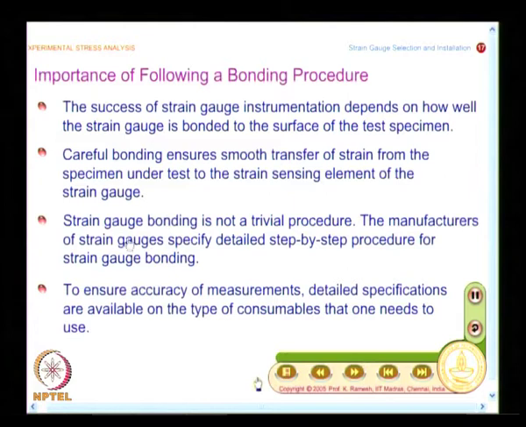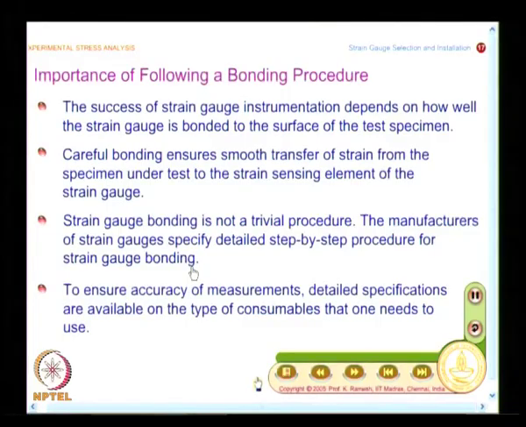And do not think that strain gauge bonding is a trivial procedure. If you look at the manufacturers of strain gauges, they specify a detailed step by step procedure for strain gauge bonding. And what is the focus? You would like to maintain a certain level of confidence in the measurement of strain gauges.